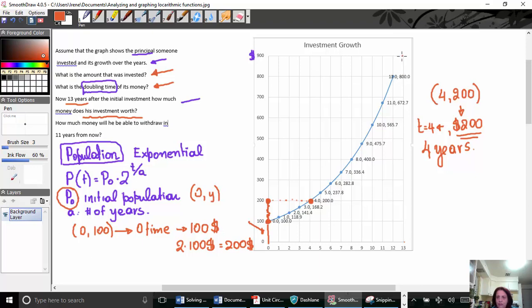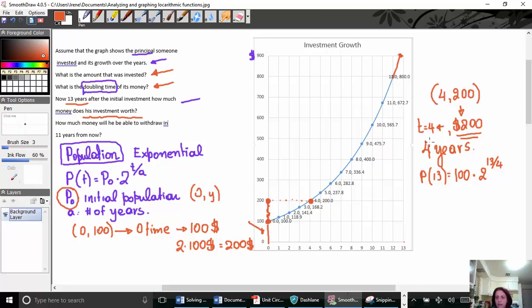And this should be very close to 900. As you can see, we are missing this point, but this doesn't matter. Why? Because we can calculate it. We want P of 13. And P of 13 is going to be equal to 100 times 2 to the 13 over 4.